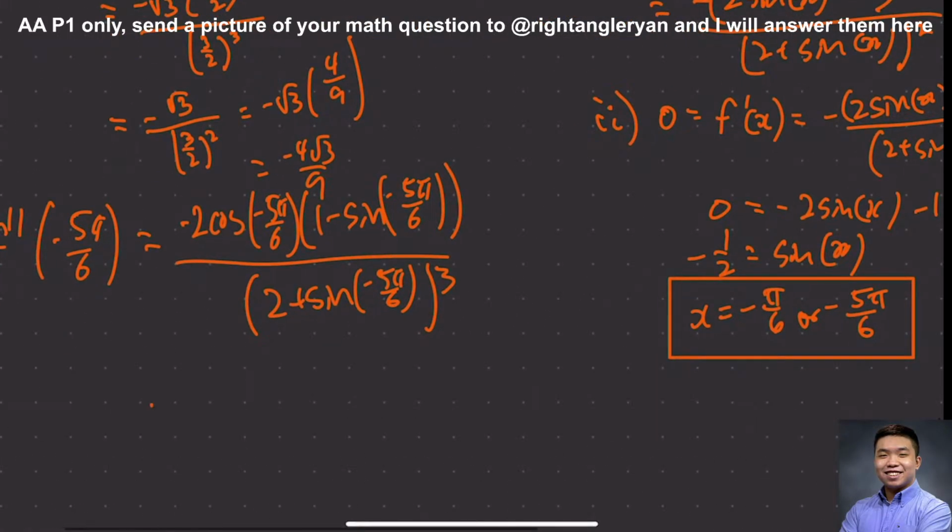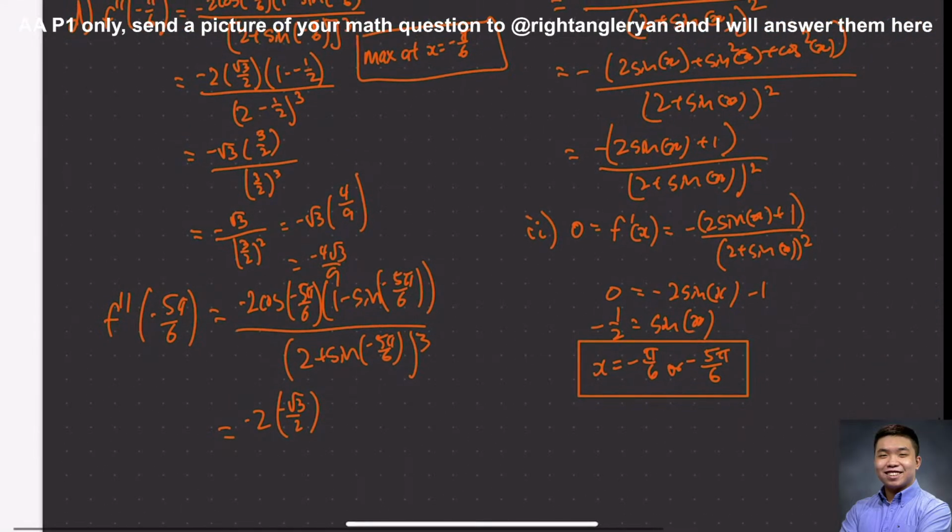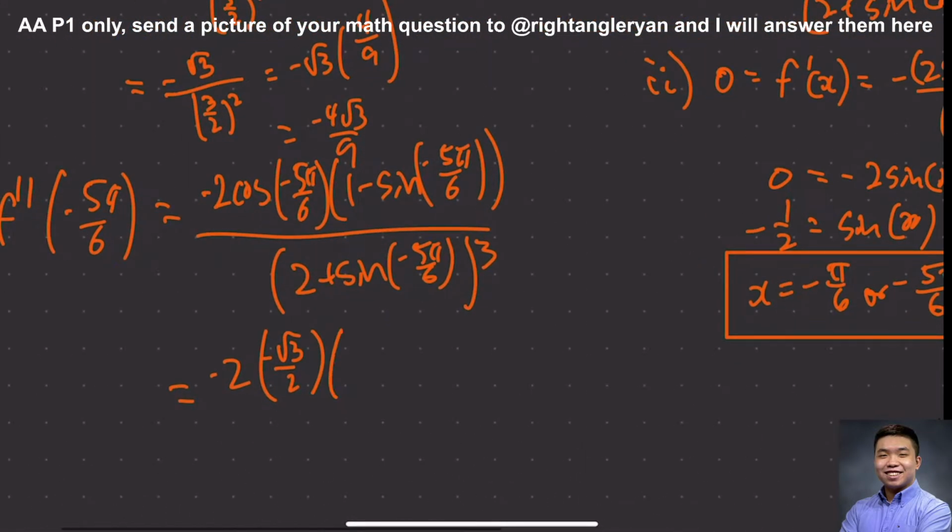Okay, so for this one, negative 2 cosine negative 5 pi over 6 will be negative 2 times negative root 3 over 2. And then multiply it by 1 minus sine negative 5 pi over 6, that will be 1 minus negative half, all over 2 minus half cubed.